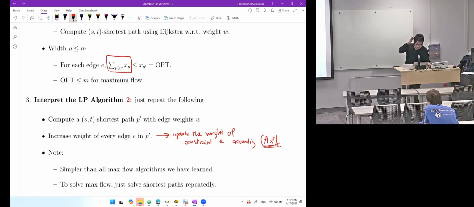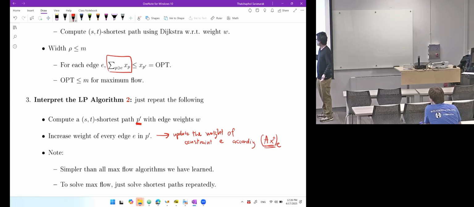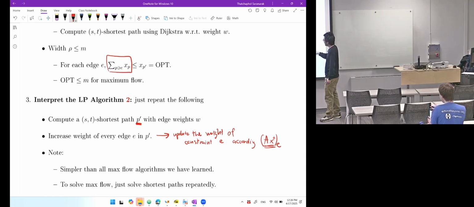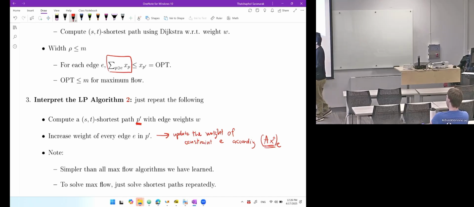When you return p prime, the constraint for an edge that isn't in the path p prime will be 0. Only when e is in p prime is this non-zero. So you see that the algorithm just updates the weights along the edges of the path.